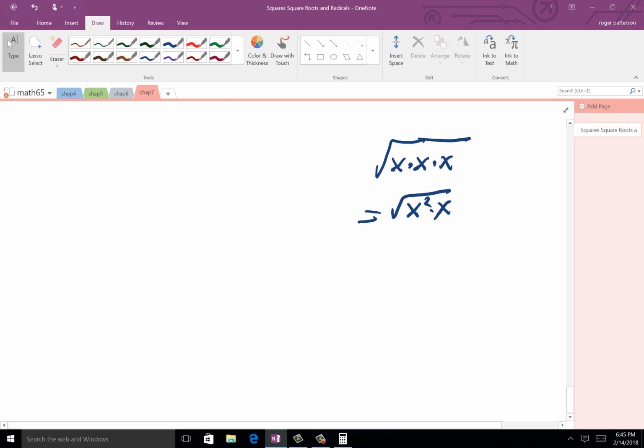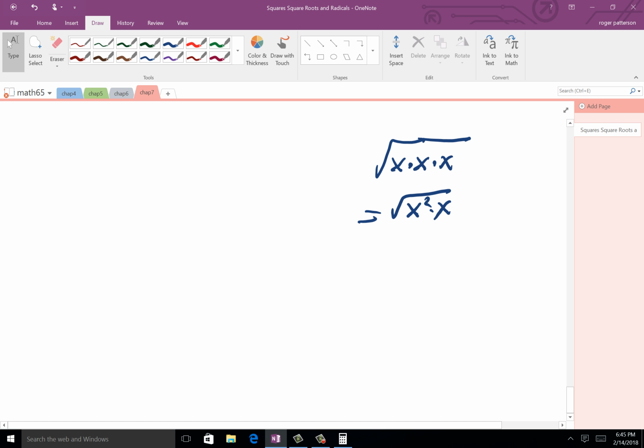We can take the square root of anything that's squared because basically square root and a square undo themselves. Like the square root of 2 squared is just 2. So they undo themselves.